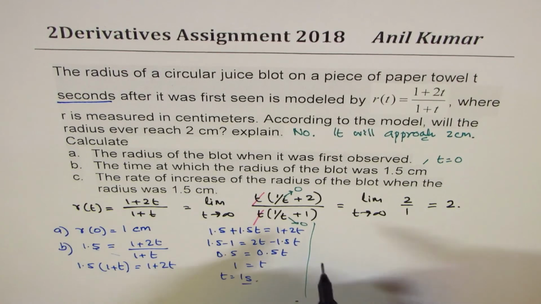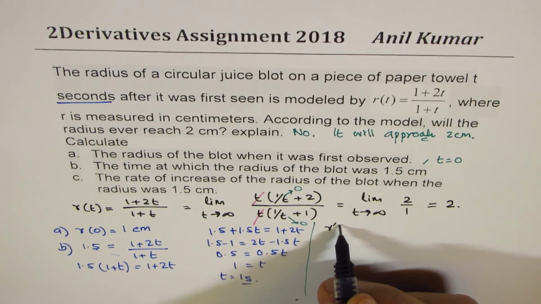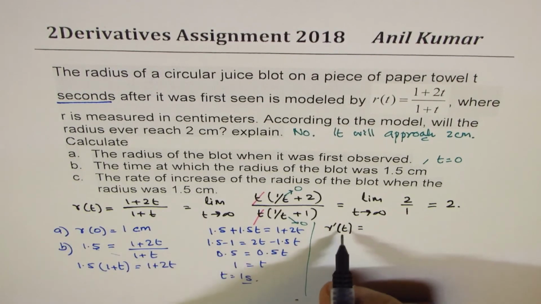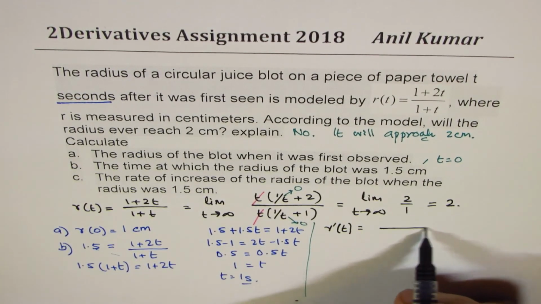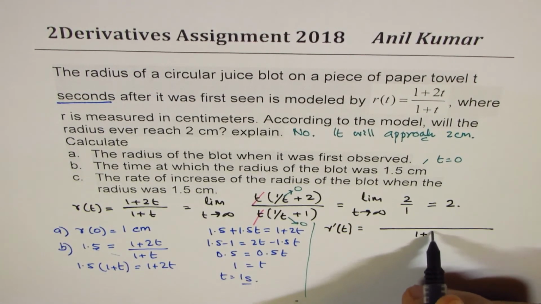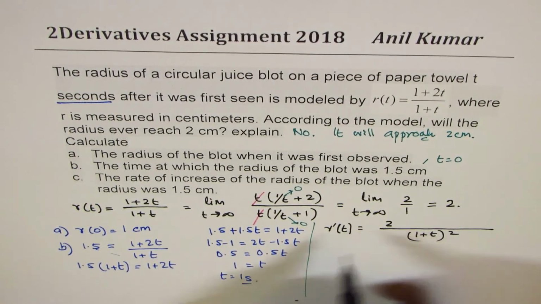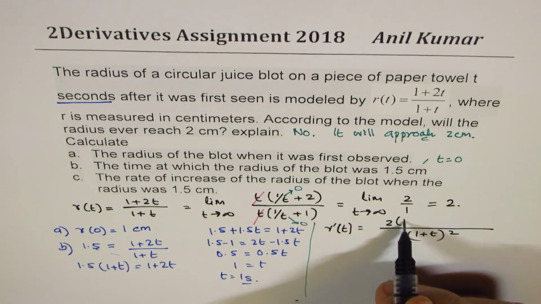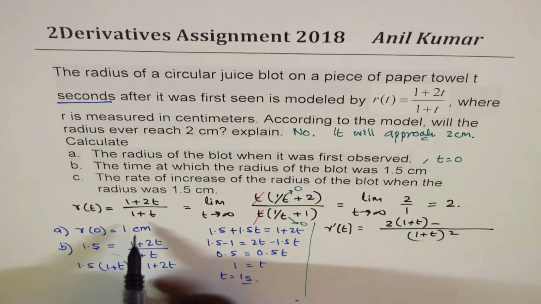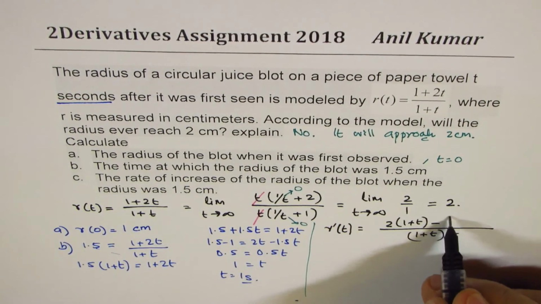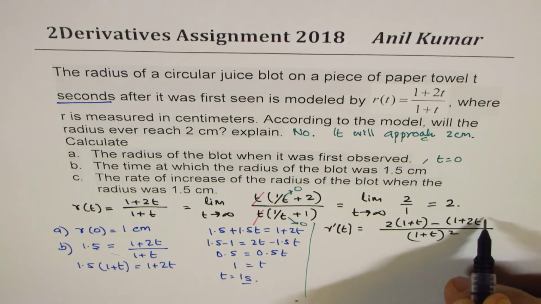Let's find the derivative. We can apply the quotient rule. The denominator is (1 plus t) squared, times the derivative of the numerator, 2, times (1 plus t), take away the derivative of the denominator, which is 1, times (1 plus 2t).